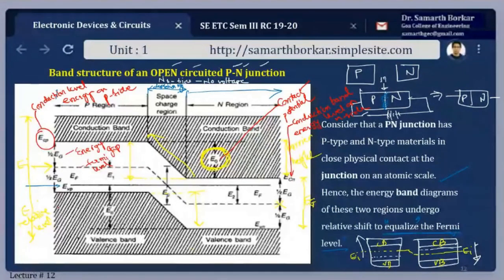Similarly, this is EVN, valence band energy on n side. This is the topmost energy in the valence band. This we have discussed so many times. Right?